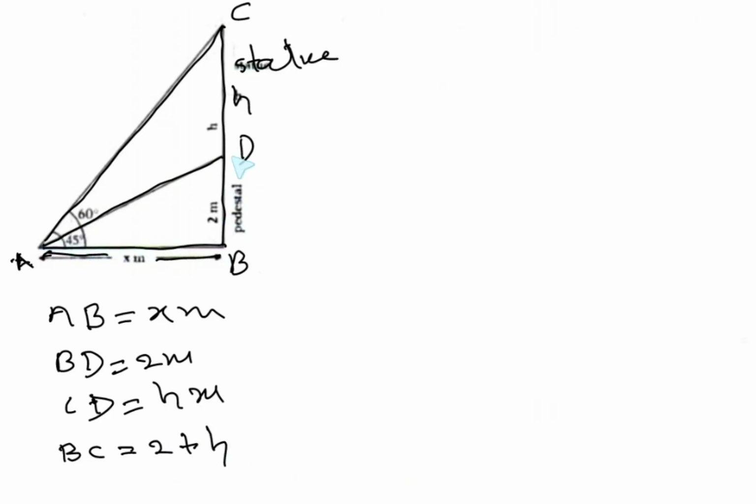From triangle ABD we can write that tan 45 degrees is equal to the opposite side by the adjacent side, BD by AB.